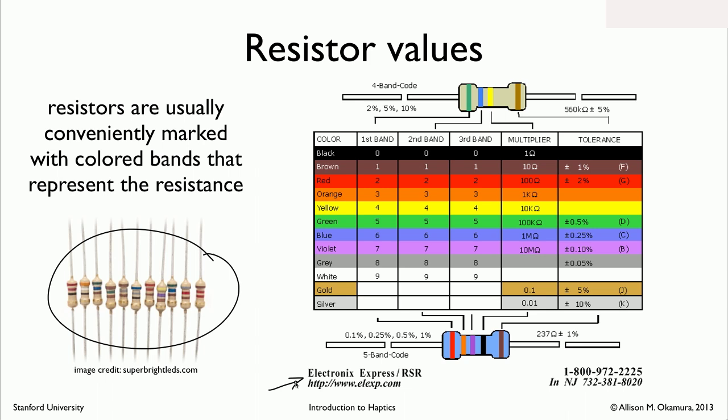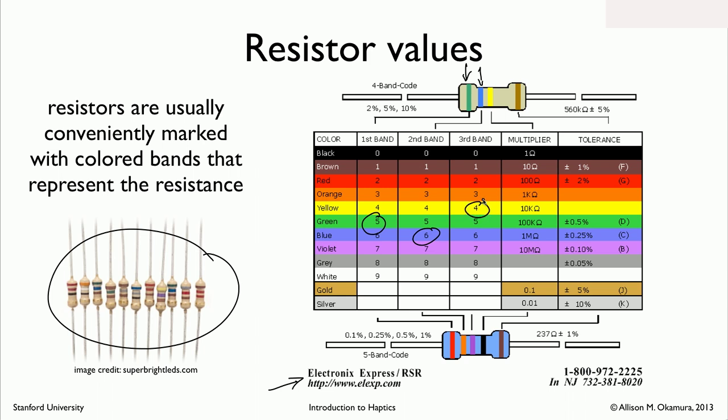And basically, you orient the resistor so that the tolerance band, in most cases it's gold, is on the right side, and then you look from left to right at these individual bands. And you say, let's look at this first band here and look at its color. In this case, it's green, and so you would say the first number is 5. And then the next one is blue, so the next number is 6, and the last one is yellow.